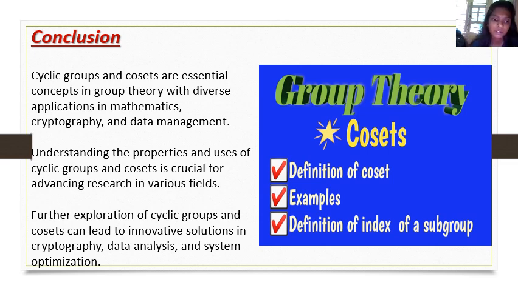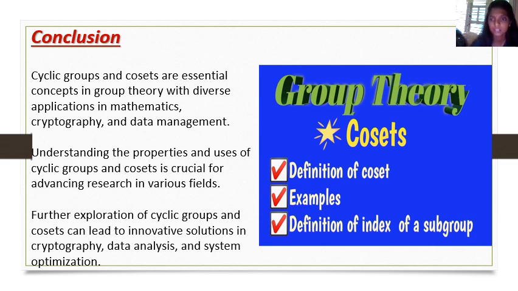Further exploration can lead to innovative solutions in cryptography, data analysis, and system optimization. Here they are saying that cyclic groups are used in cryptography, data management, and advanced research in various fields.